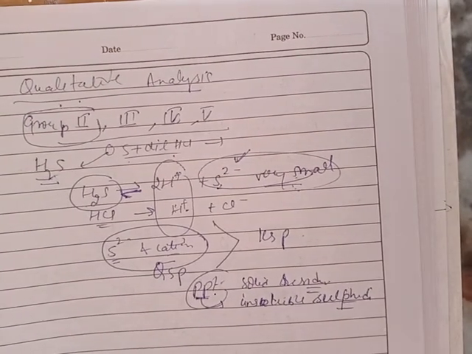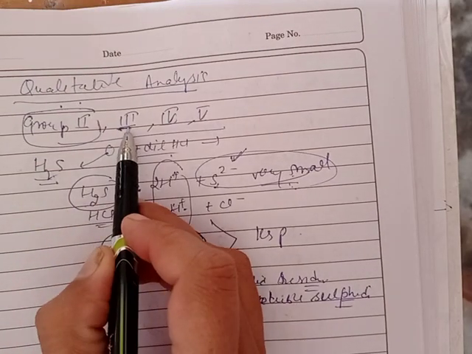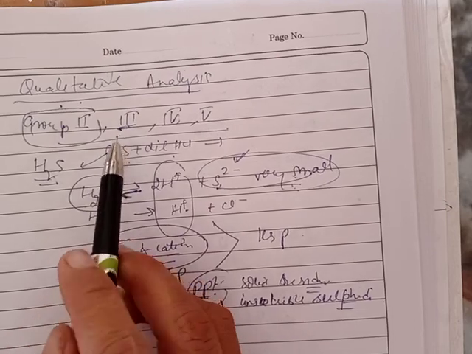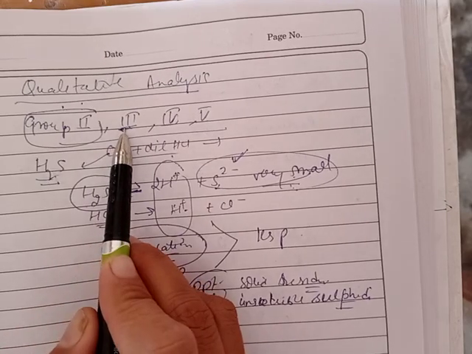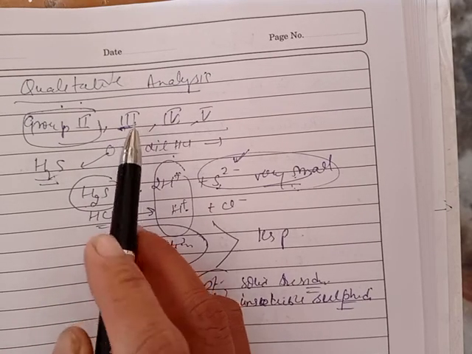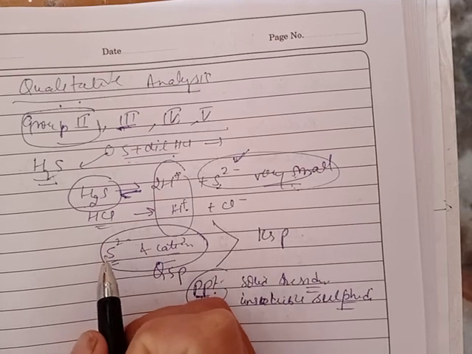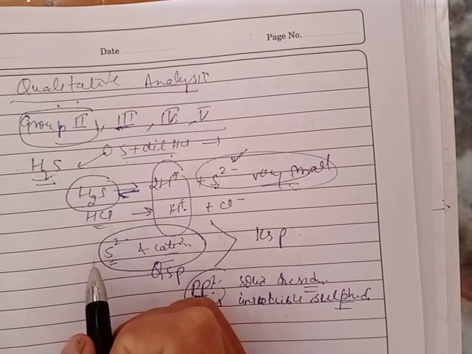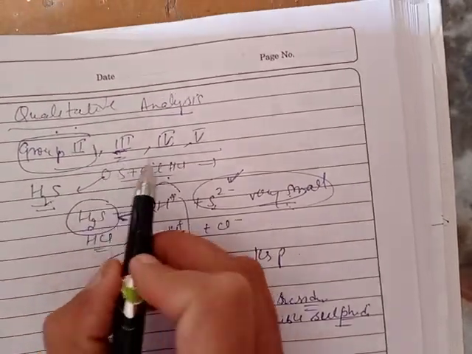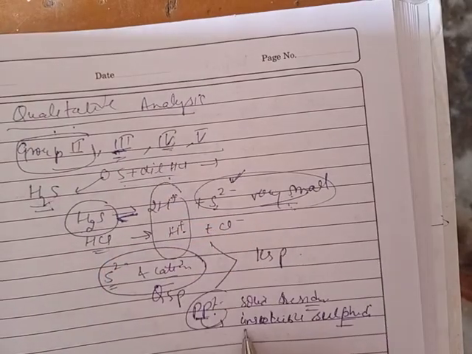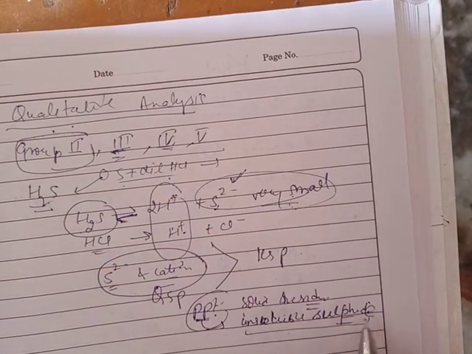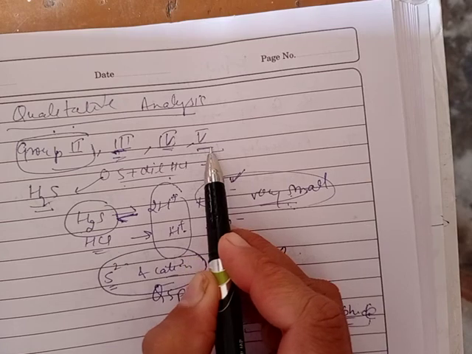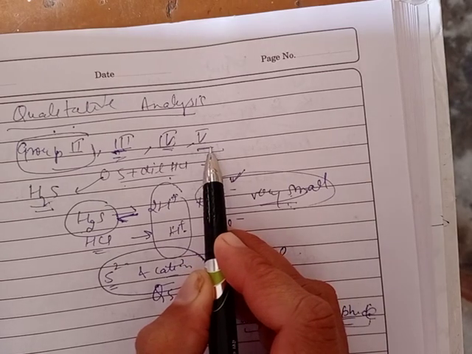In the third group, the common ion produced will be ammonium ions. Again, it suppresses the degree of dissociation of ammonium hydroxide, resulting in formation of a precipitate of the insoluble hydroxide. In the fourth group, again the precipitate formed will be of insoluble sulfide, and in the fifth group the precipitate formed will belong to insoluble carbonate.